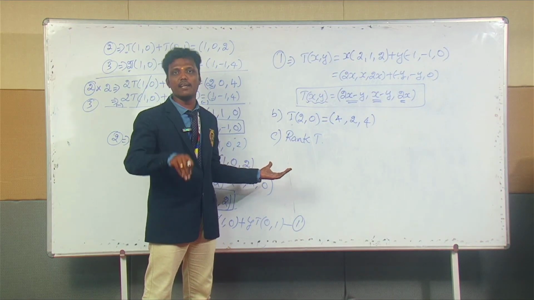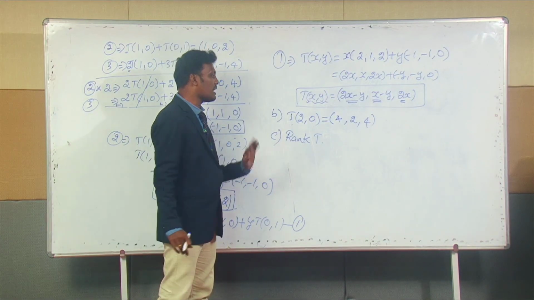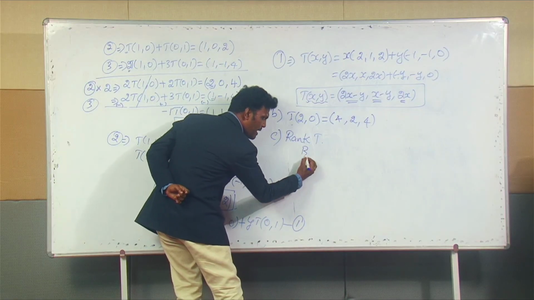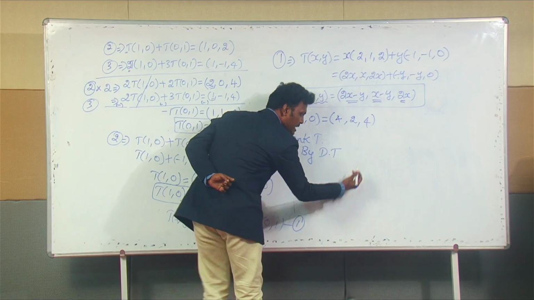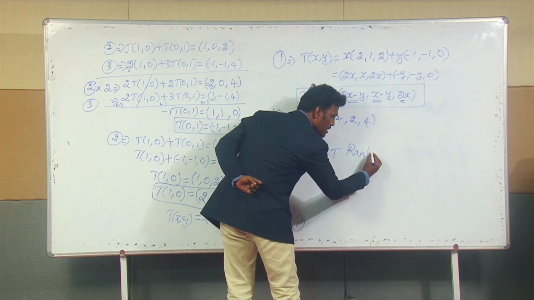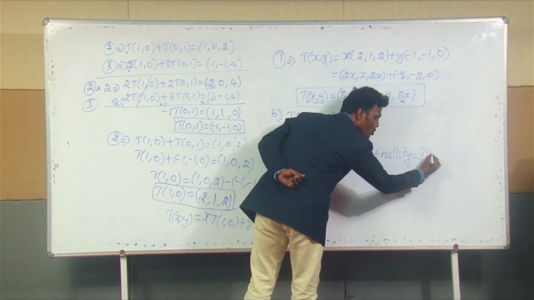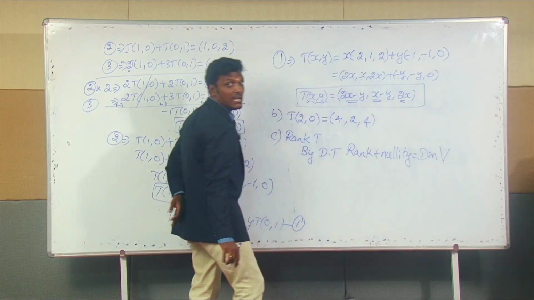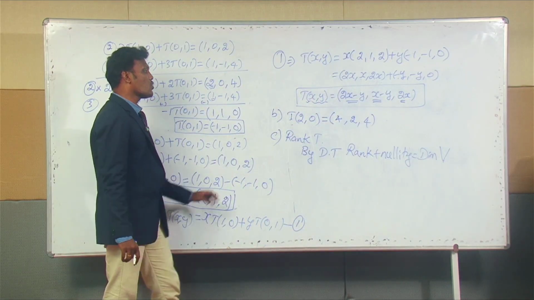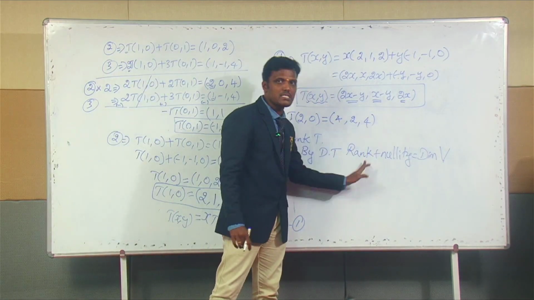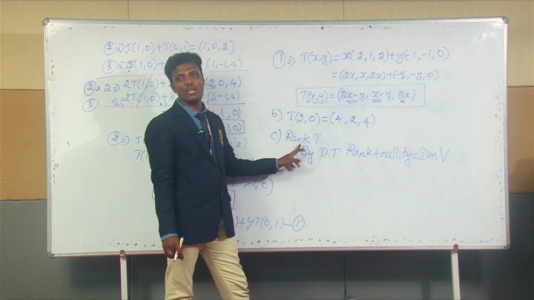So by the dimension theorem, rank plus nullity equals dim V. This is the dimension theorem formula, and using it we are able to find the rank.